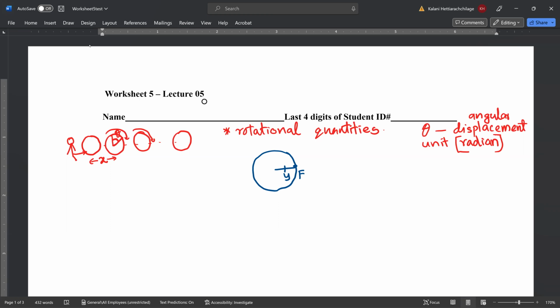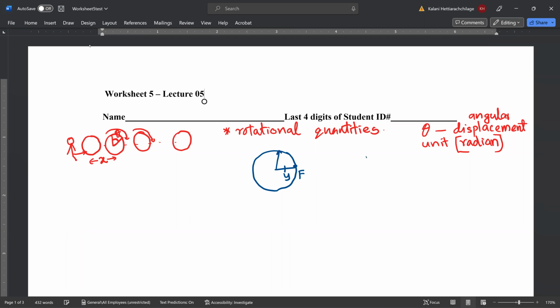When the motor starts to rotate the merry-go-round, it keeps rotating. That means you and your friend are rotating with the same speed. We call it the angular speed. Angular speed is the speed of this merry-go-round.